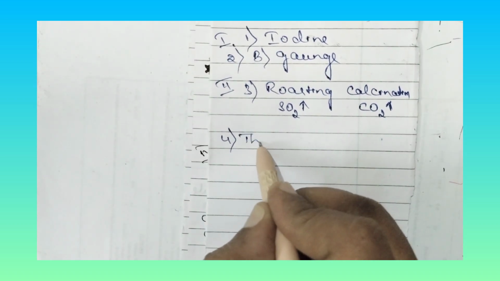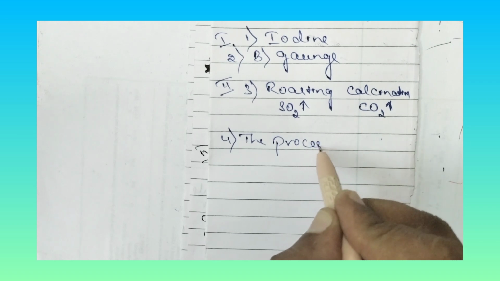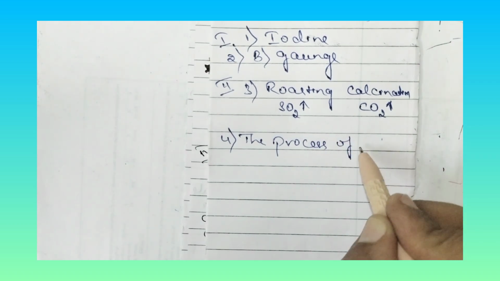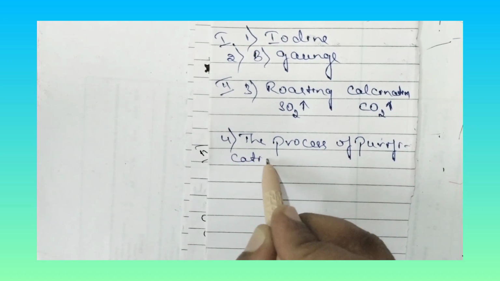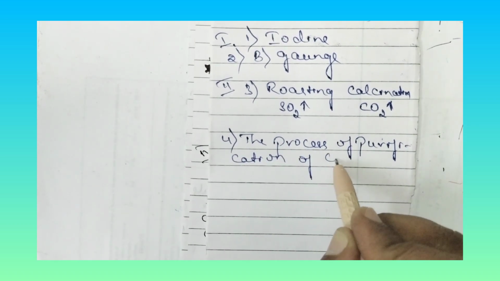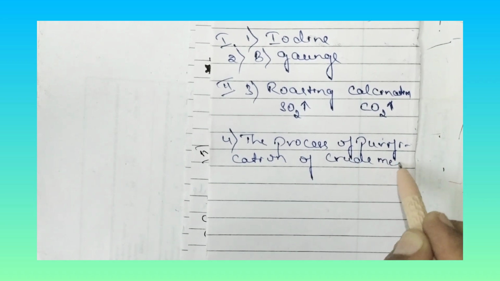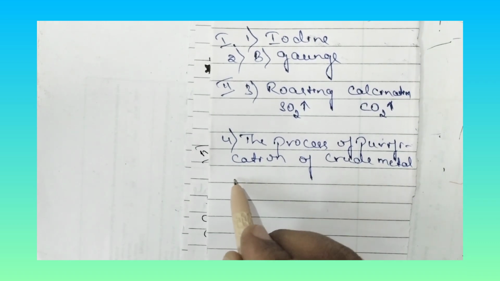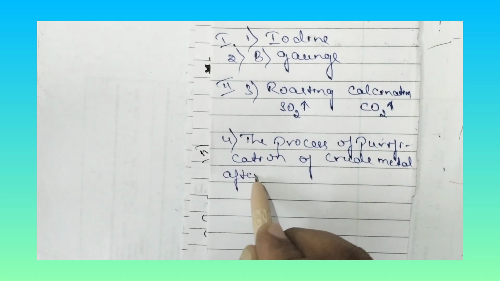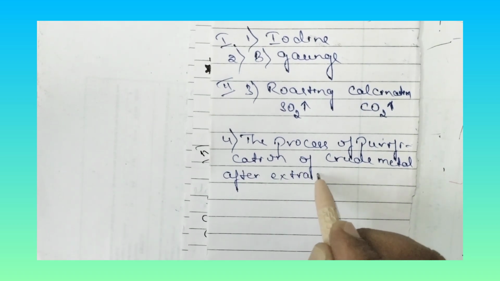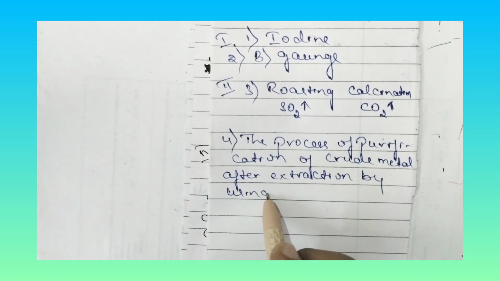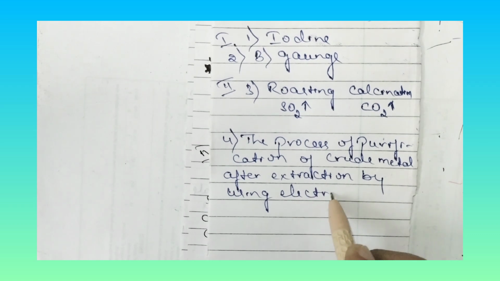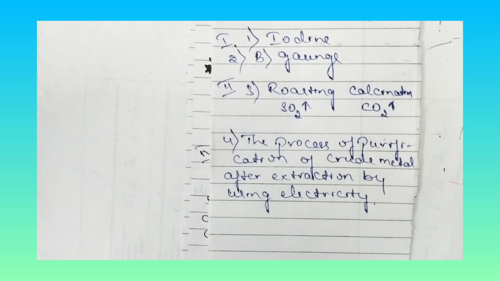So electrolytic refining is defined as the process of purification of crude metal after extraction by using electricity is called as electrolytic refining.